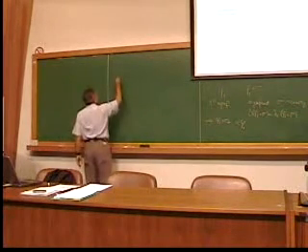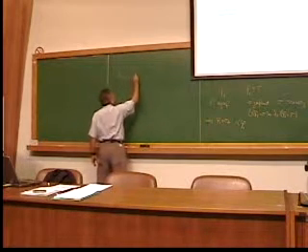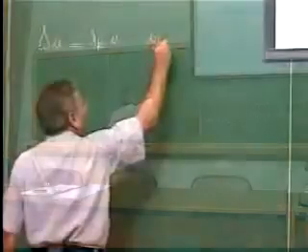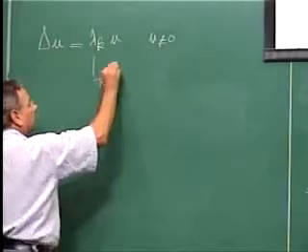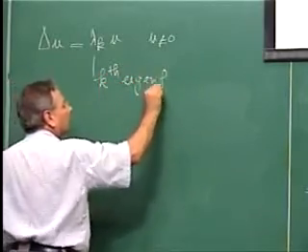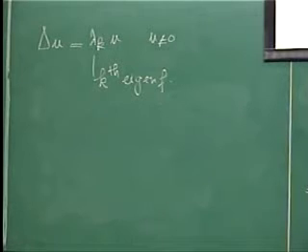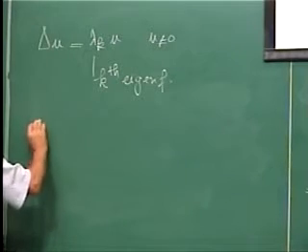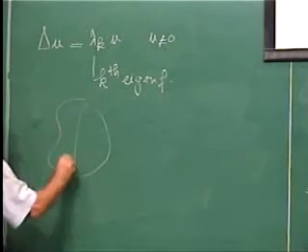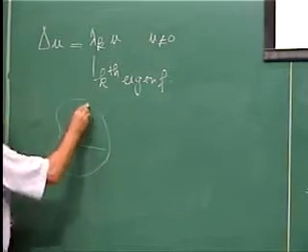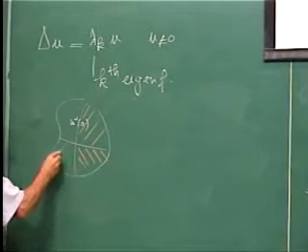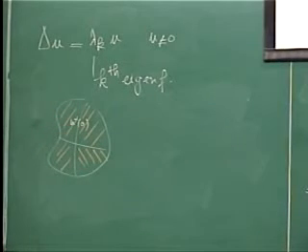Assume that you have Laplacian u equals lambda_k u, you really have an eigenfunction, u is not 0, and lambda_k is the kth eigenvalue in the increasing order. So what you can do is look at the connected components. If I draw the picture in a domain, here you will have u^{-1}(0), and you look at the connected components of M minus u^{-1}(0).